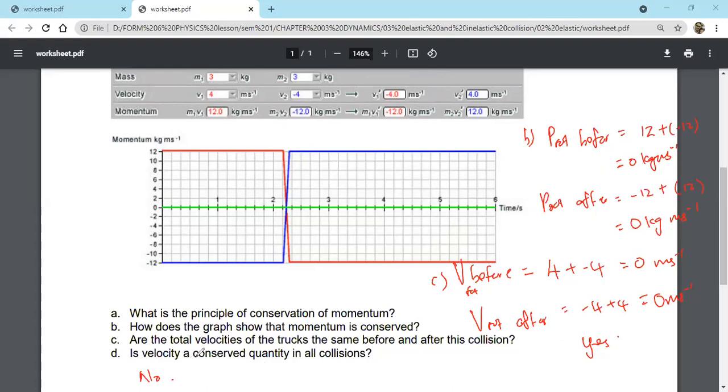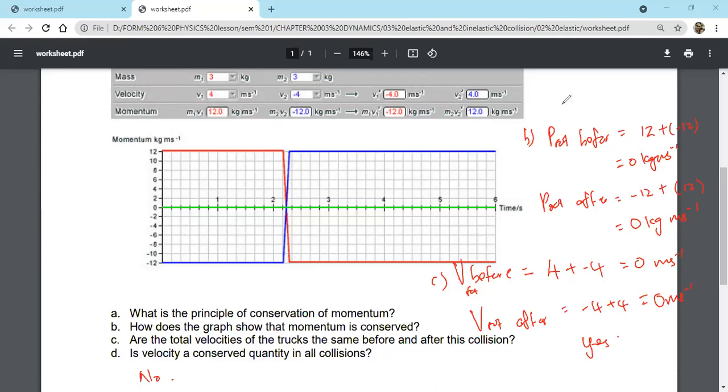So we cannot say that velocity is conserved. We can only say that total kinetic energy is conserved for a perfectly elastic collision.